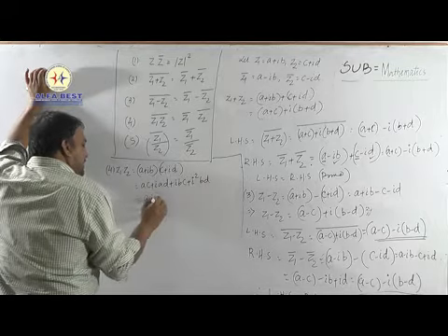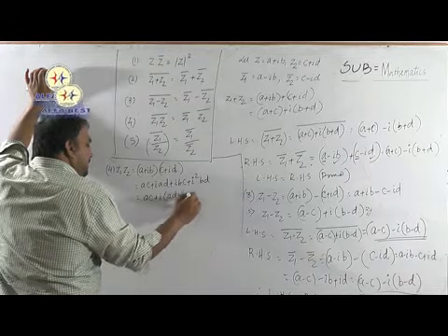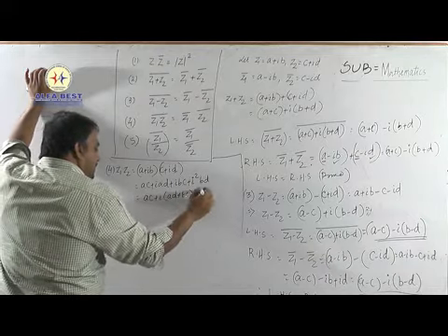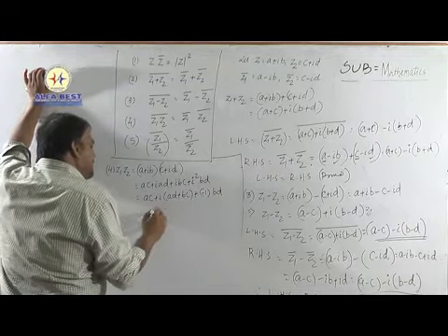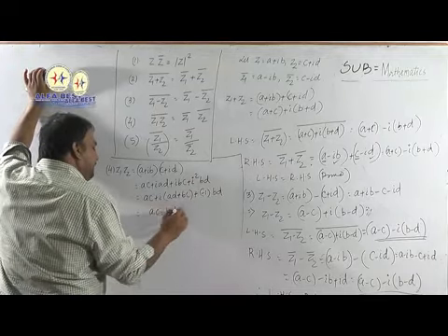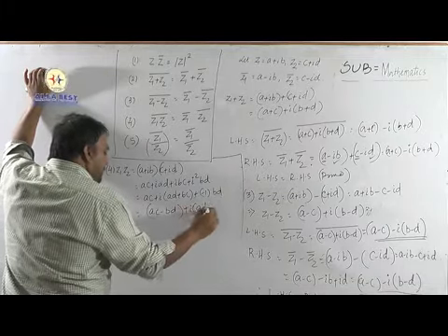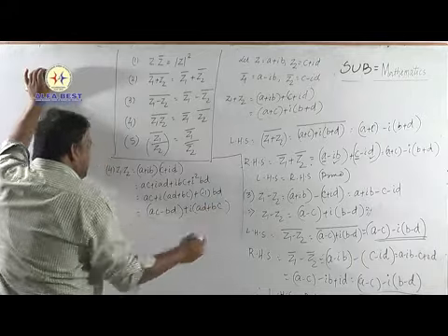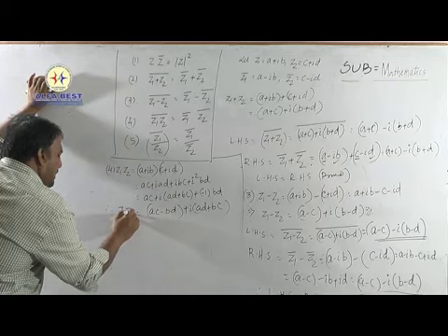So AC plus I into AD plus BC plus I square, in minus 1, into BD. So this is AC minus BD plus I into AD plus BC. This is your Z1 Z2, the product of Z1 Z2.